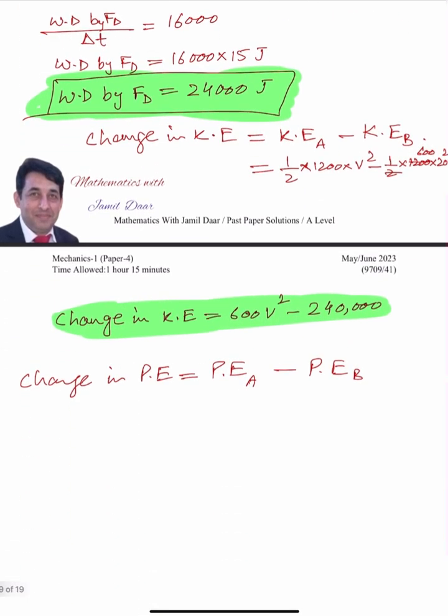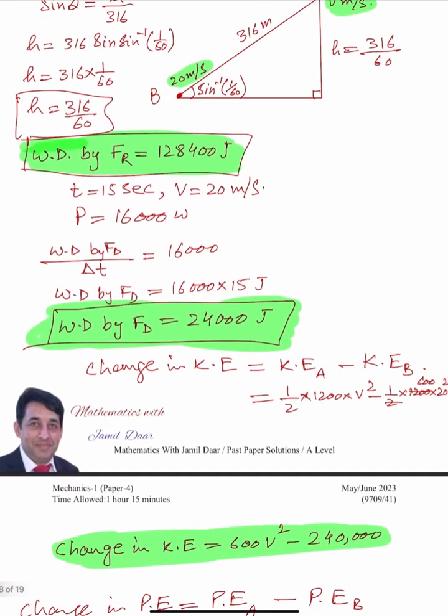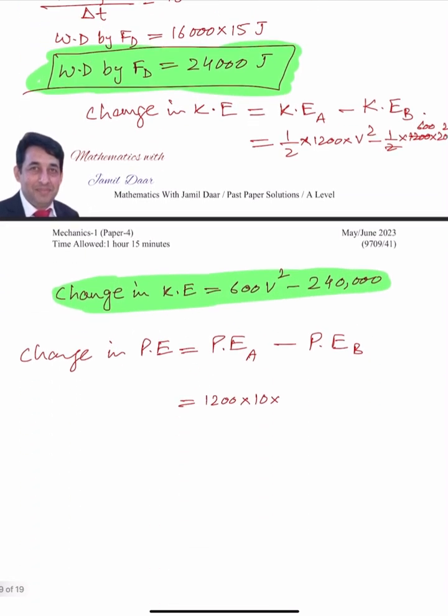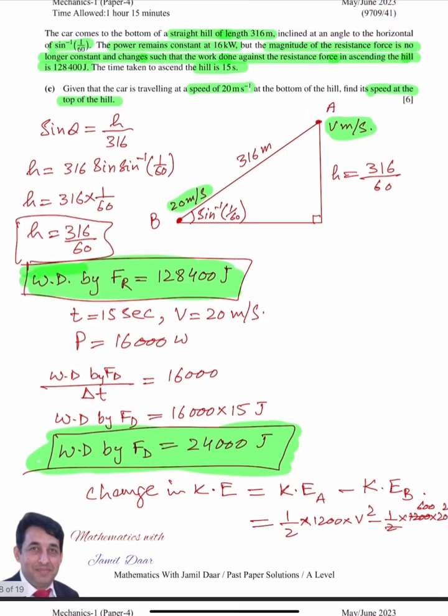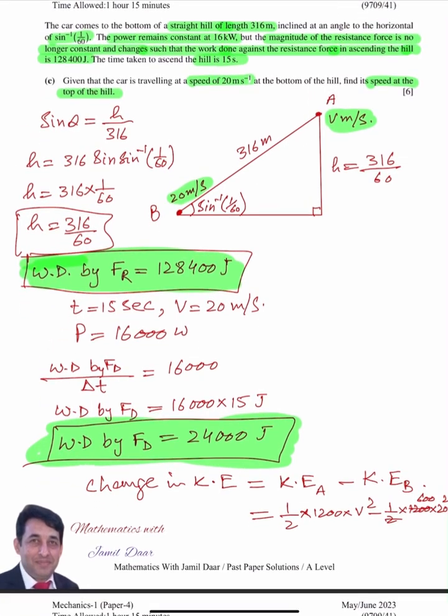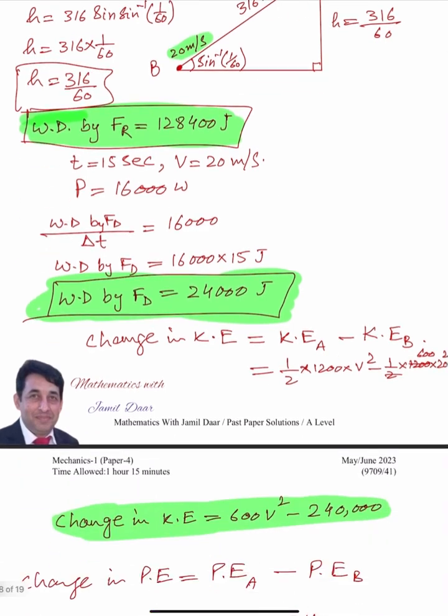So at point A, mgh is 1200 into g is 10 into h, that's 316 divided by 60, minus potential energy at B, which is at the bottom, so height is 0, so that would be 0.